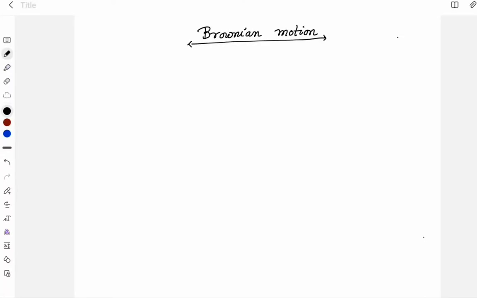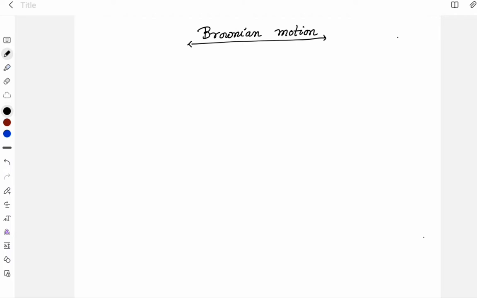In this tutorial we will discuss Brownian motion. In earlier lectures, we have seen the diffusion of, let's say, gas molecules or a dye in a liquid or in a gas. In that case, particle size is of the order of nanometers.